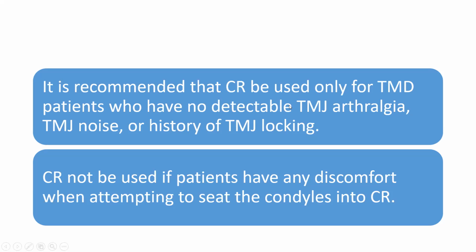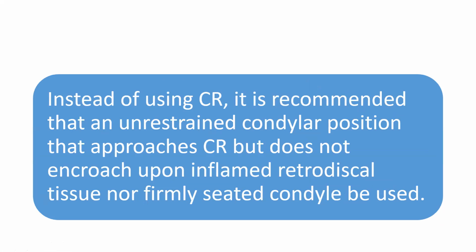And centric relation should not be used if the patient has any discomfort when trying to sit at the centric relation position. In such a condition, it is recommended that we use the orthopedically stable joint position, that is the unrestrained condyle position, that tries to approach centric relation but does not encroach upon the inflamed tissue, that is the retrodiscal tissue.